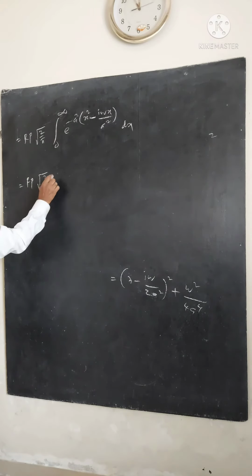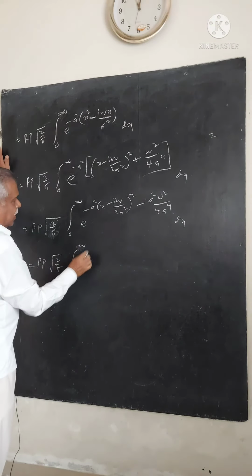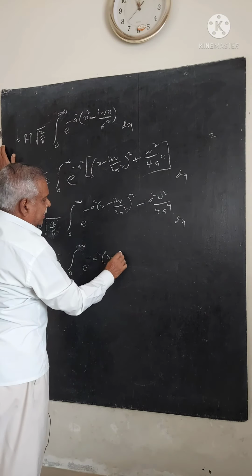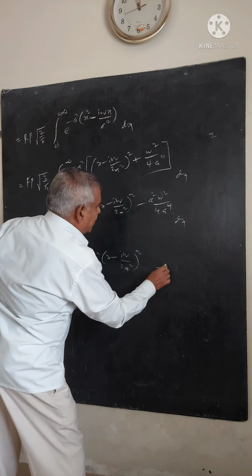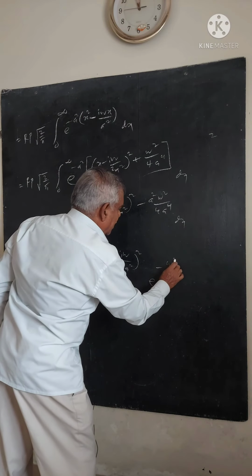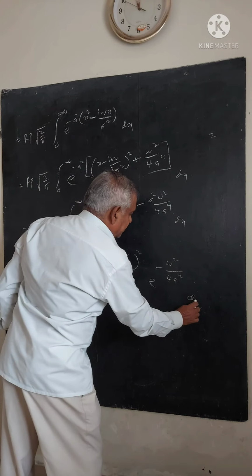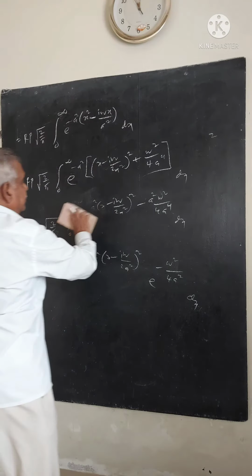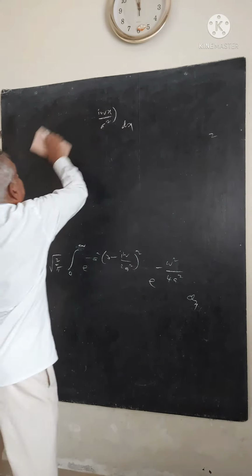Real part of root of 2 by pi, integral 0 to infinity, e power minus a square x minus i omega by 2a square whole square, and e power minus a square gets cancelled, leaving omega square by 4 a squared, dx. We are integrating with respect to x only.